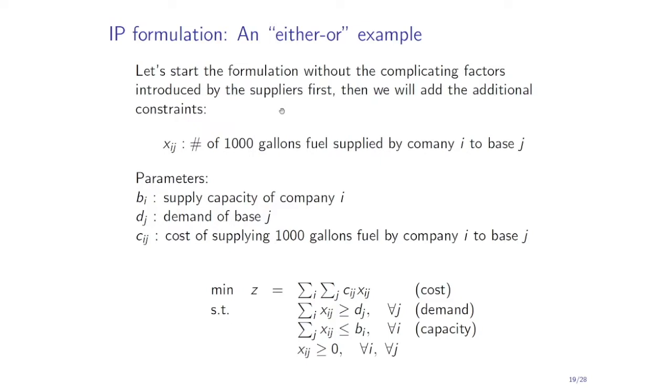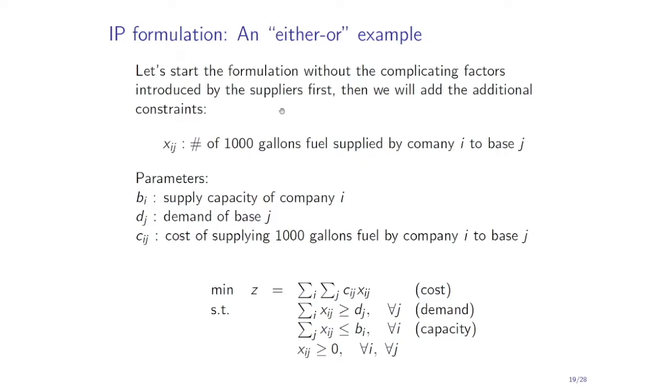So when we solve our problem, it will give us the exact amount that the Air Force wants to buy from company 1 for base 1, from company 1 for base 2, from company 1 for base 3, and so on.